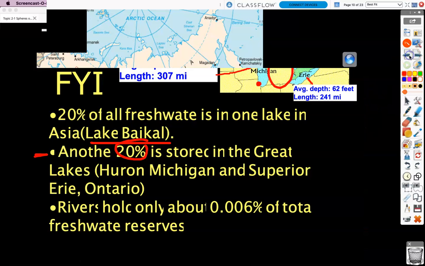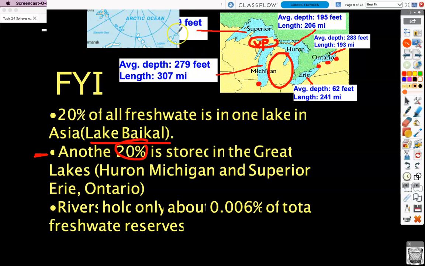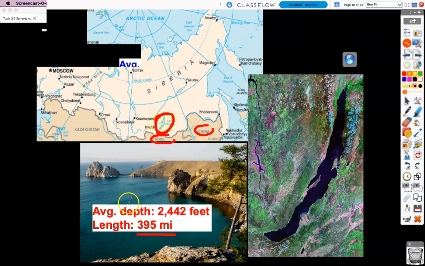So if you go back for a sec, Superior was almost 500 feet deep. So this lake right here, Baikal, is about 5 times deeper than Lake Superior. So that's a major source of fresh water for many areas of Asia over there. So that's a pretty important lake for them.